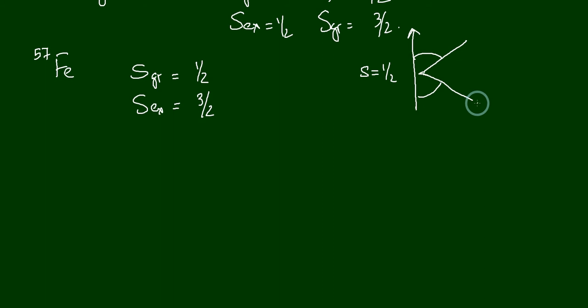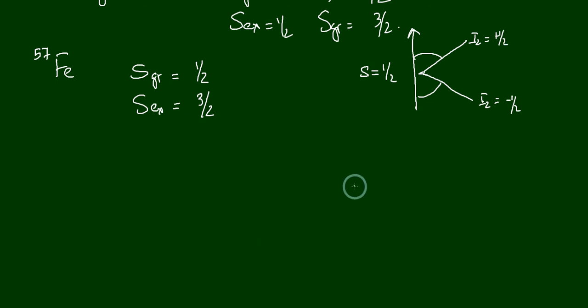This corresponds to I equal to minus half, and this corresponds to I equal to plus half. You already know these things from NMR spectroscopy, where we talk about a magnetic field instead of an electric field. That's all. So this is the fate of the nucleus in an electric field if its spin is half.